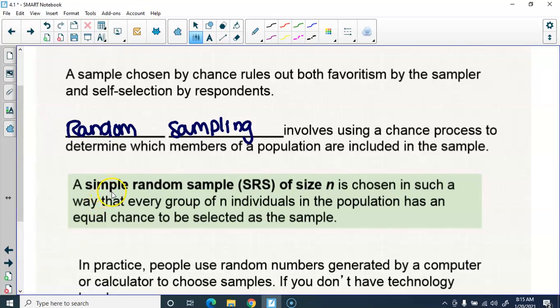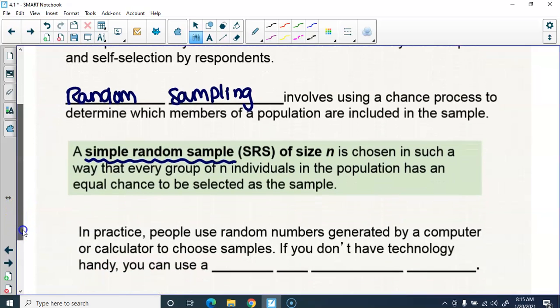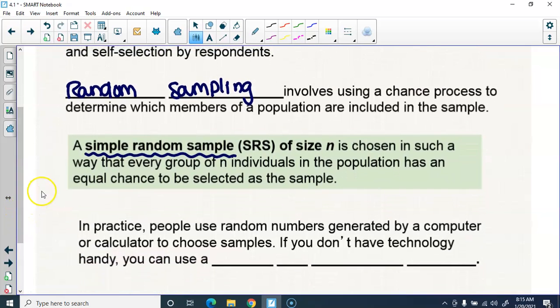So a simple random sample, which is the one that we want the majority of the time, is chosen in such a way that every group of the same size has an equal chance of being selected. So we're going to use some sort of random process to help us select these members.